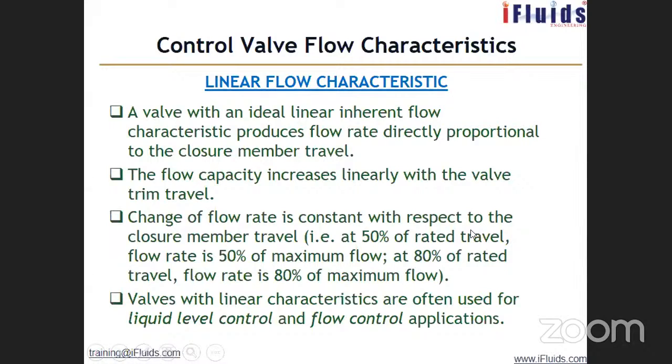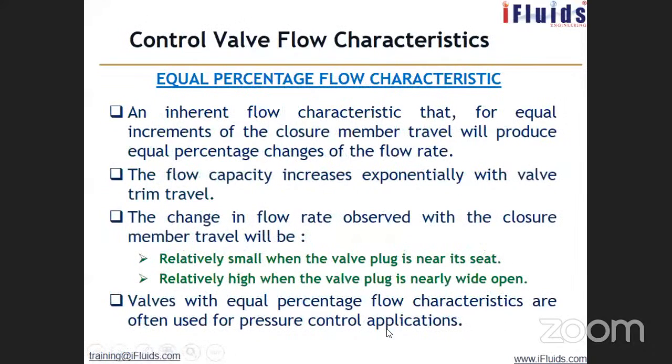That is, at 50% rated travel, flow rate is also 50%. And valves with linear characteristics are often used for liquid level control and flow control. This you have to remember. This is very important. The linear characteristics valves are more suitable for liquid level control and flow control applications.